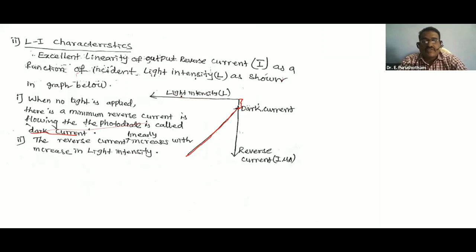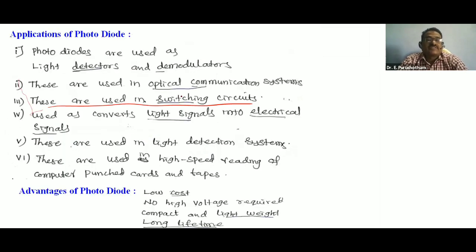The graph shows the variation between light intensity and reverse current. What is dark current? When no light is applied, some minimum reverse current flows through the photodiode; that is called dark current. After that, as light intensity increases, reverse current also increases.